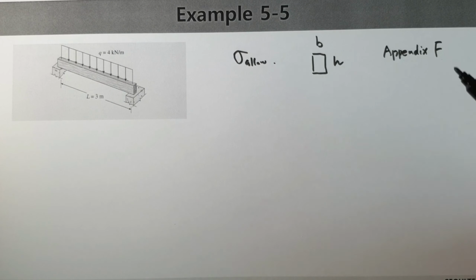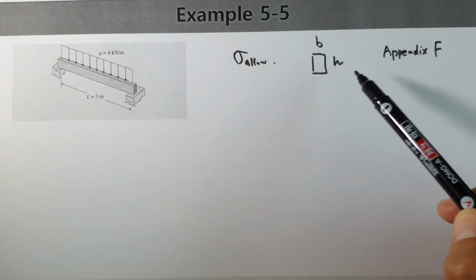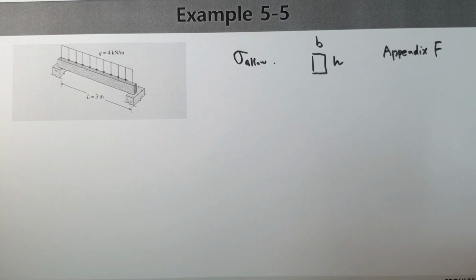In the table, you can see the combination of the beam and maximum allowable section modulus. Section modulus is given. Okay, let's see step by step.